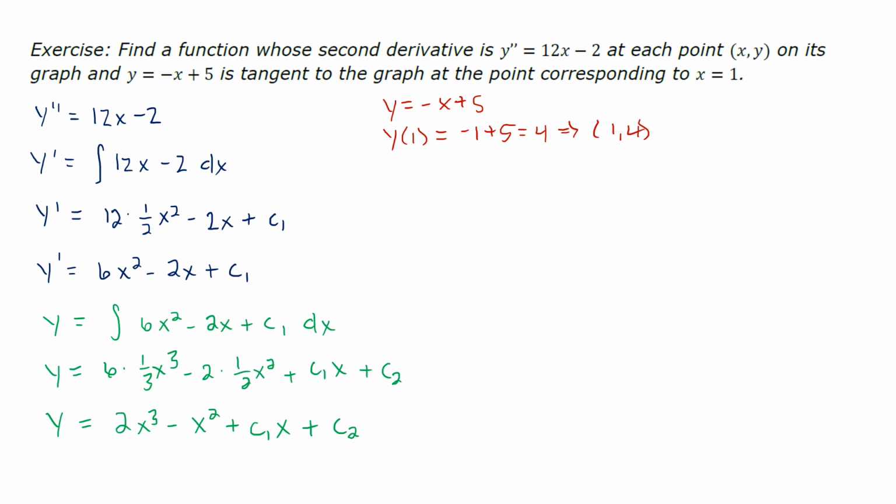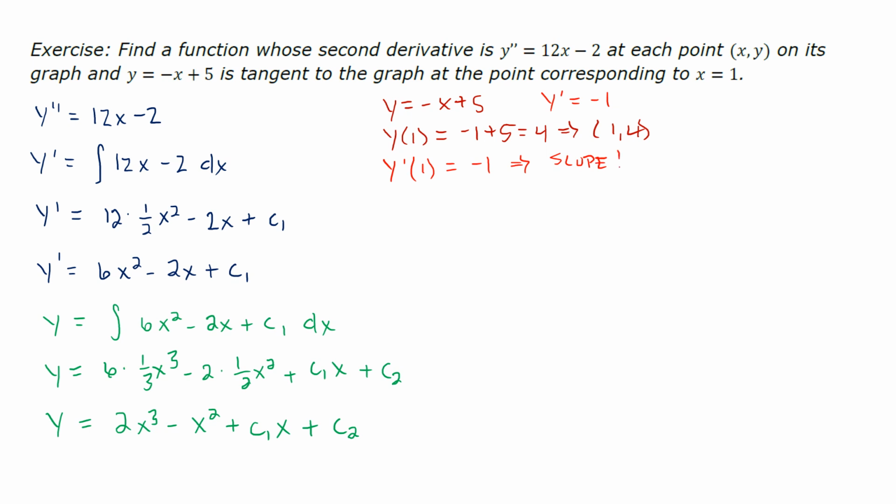Okay, now the derivative of this tangent line is going to be negative 1. So if we take the derivative of y, we get negative 1. So the derivative at the x coordinate 1 is going to be negative 1. Okay, and so this is our slope.